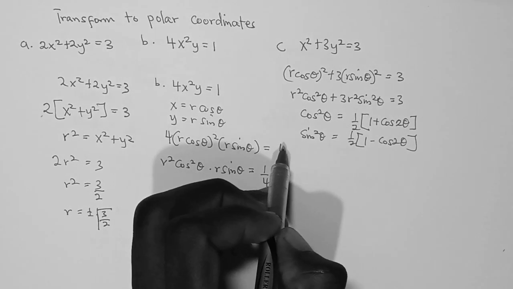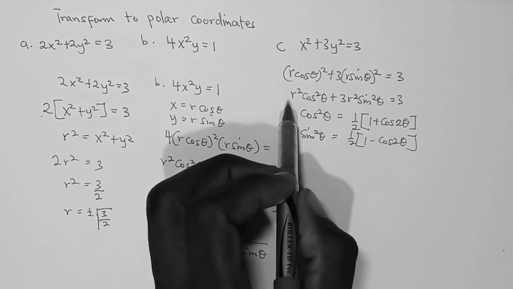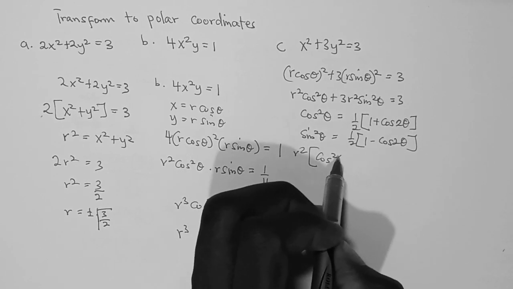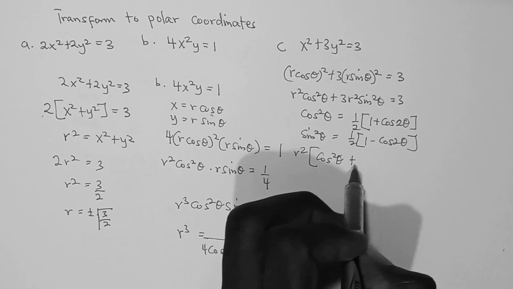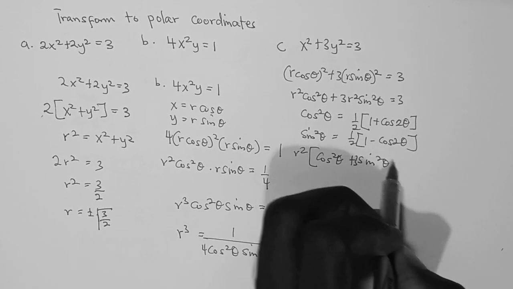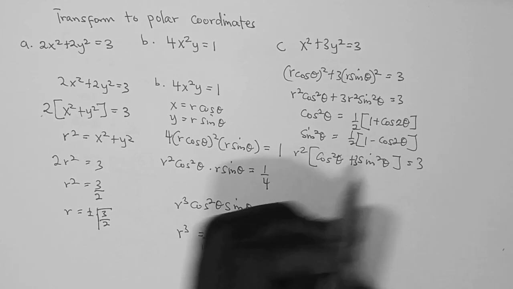So all of this becomes, let's factorize r squared out. It becomes r squared times cos squared theta plus 3 sin squared theta equals 3.